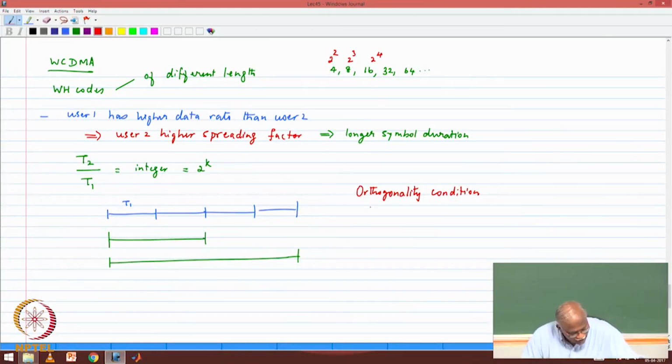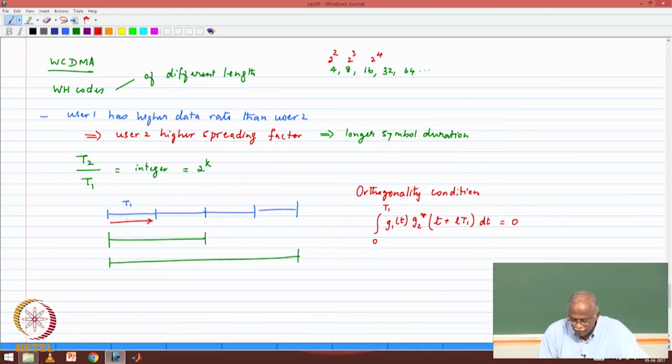Okay, so the orthogonality condition says that I can go from 0 to T1. That will be the integral of G1(t) G2*(t + LT1) dt, which should be as close to 0 as possible. Now, what am I saying? I have this portion of the waveform and I want to correlate with respect to that.